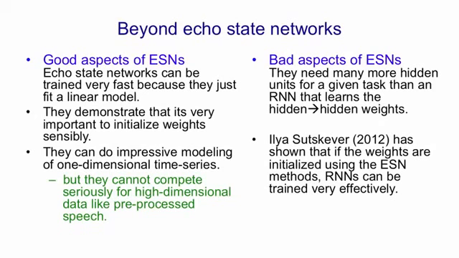But then presumably you could learn even better if you also learned to make the hidden-to-hidden weights better. So Ilya tried using the echo state network initializations, but then training with backpropagation through time. He used RMS prop with momentum, and he discovered that that is actually a very effective way to train recurrent neural networks.